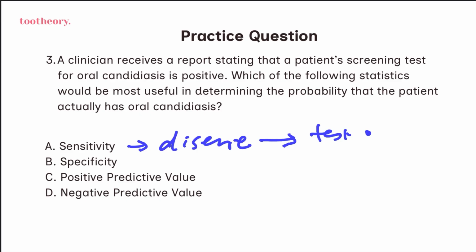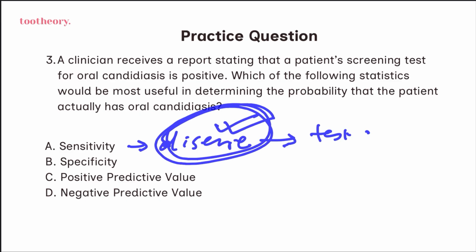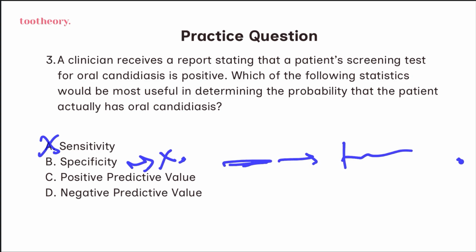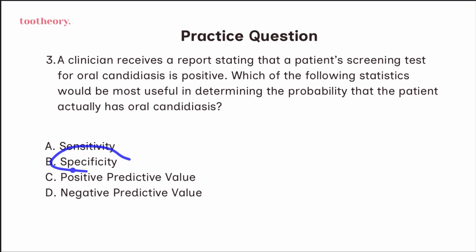So first of all, we're not looking at the disease at the moment, right? First we have the test, and that is the only definitive value we have, so it cannot be sensitivity. On the same lines, it cannot be specificity, because specificity asks that the patient is healthy and how often does the test become negative. So definitely this speaks about the test being negative, and that cannot be the case.